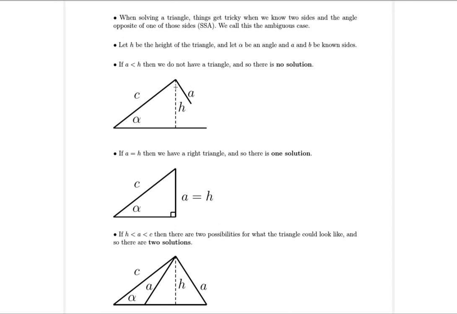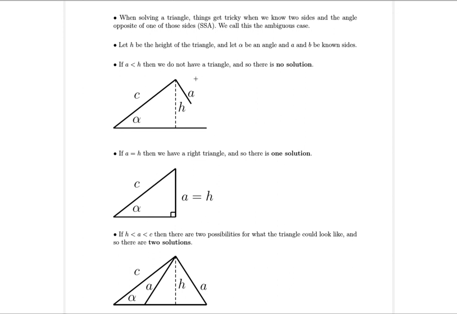One is that this A fails to be at least as long as the height of the triangle, so it can't reach down to the bottom where it needs to go. Then there's no solution to your triangle. It could happen that A is exactly equal to the height of the triangle, and in that case you get just one solution.